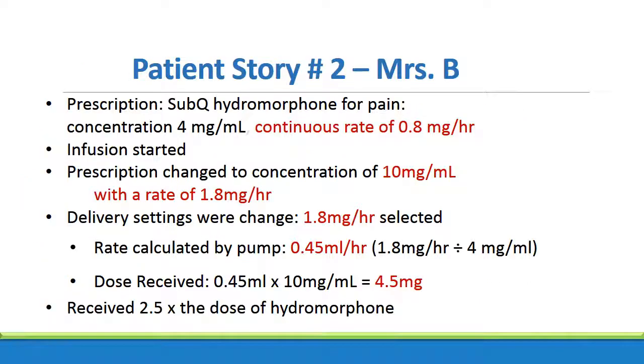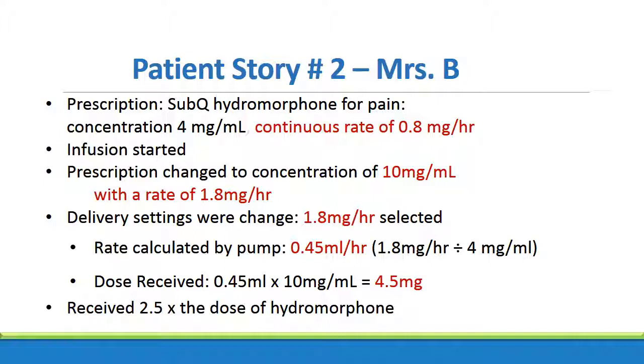In the second case, Mrs. B was receiving hydromorphone at a concentration of 4 mg per ml. The order was changed to increase the concentration to 10 mg per ml and the rate to 1.8 mg per hour. The clinician, who was having difficulty changing the concentration, ended up changing the rate to 1.8 mg per hour, but kept the concentration at 4 mg per ml.